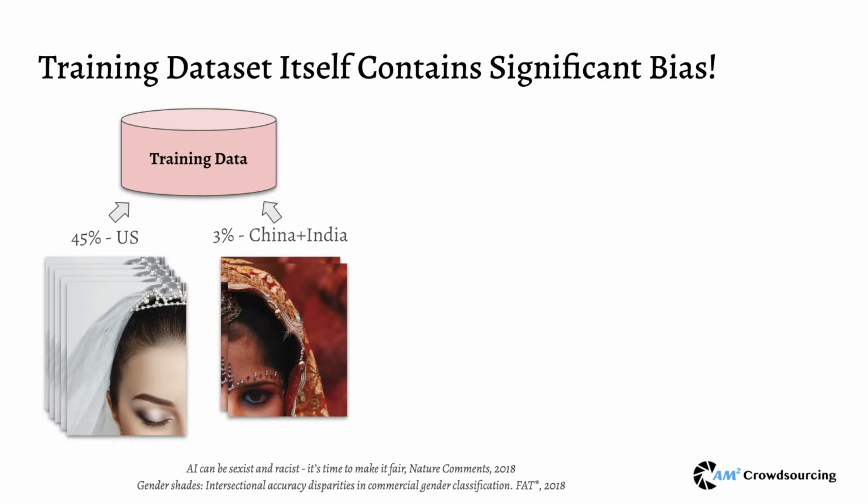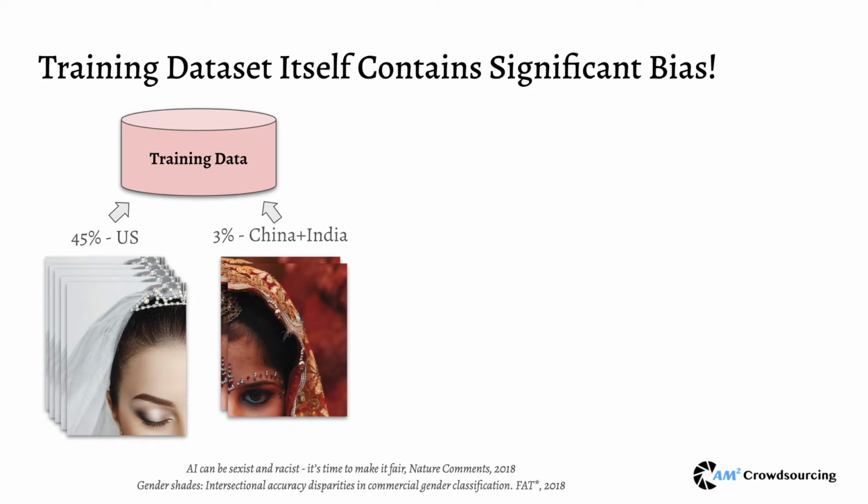After looking inside the training process of the computer vision algorithms, researchers realized that one possible reason for the trained models to be biased could actually come from a biased training dataset. For this bride classifier, training data comes from the widely used ImageNet, which contains 45% images from the US, but only 3% images from India and China.